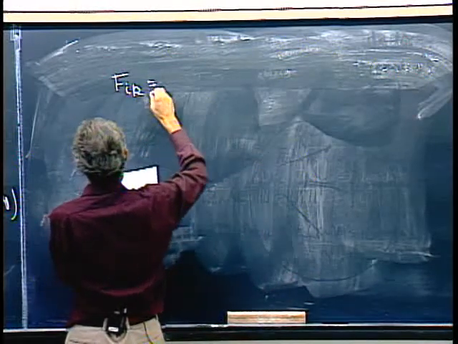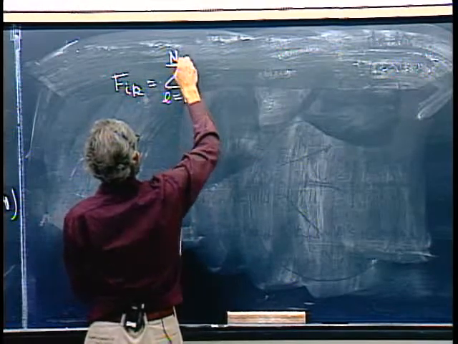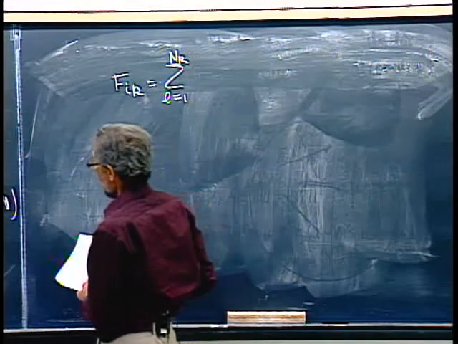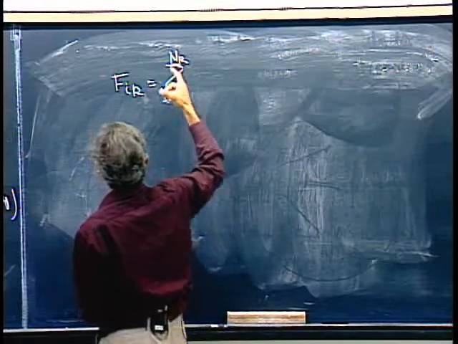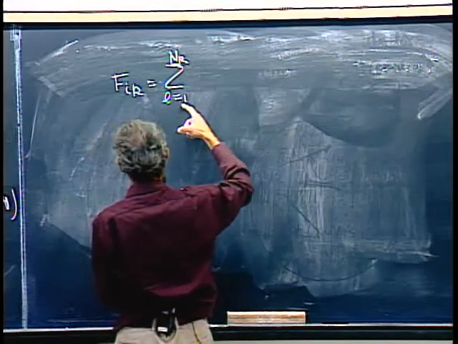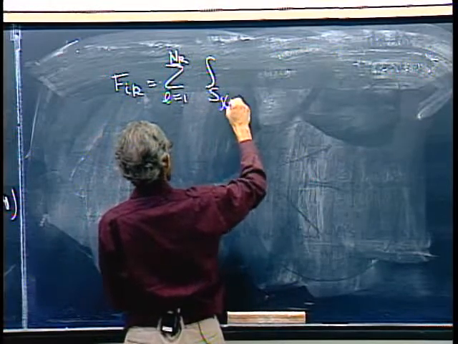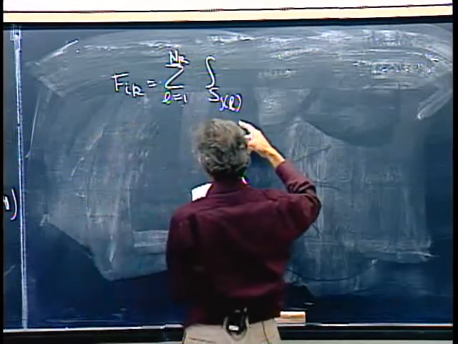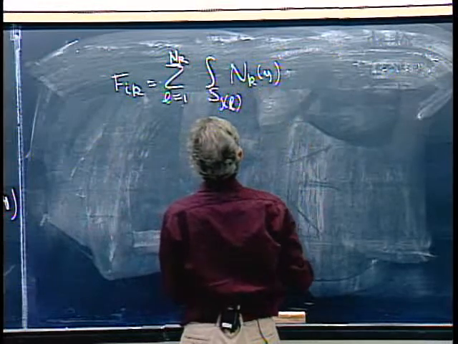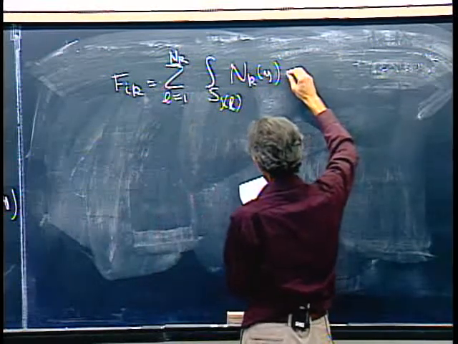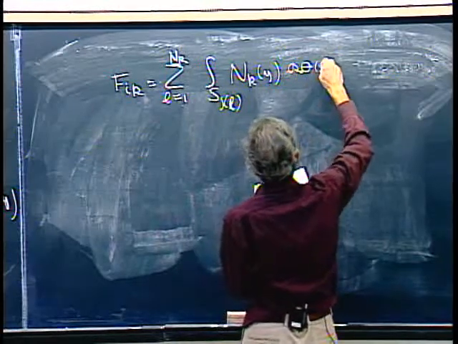F_ik is the sum over l equals 1 to n_k, where k is a vertex and n_k is the number of triangles that share that vertex. We're going to integrate over each of these triangles, say J_l, the subscript for the l-th triangle, of N_k(y) times cosine theta_x cosine theta_y over pi r squared.